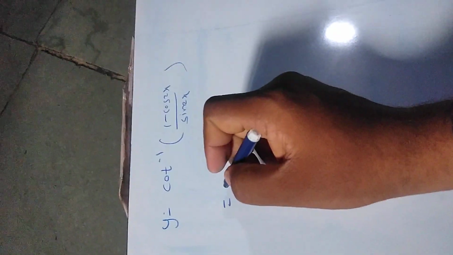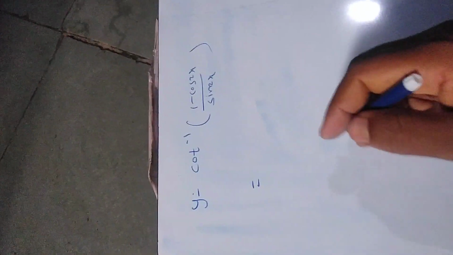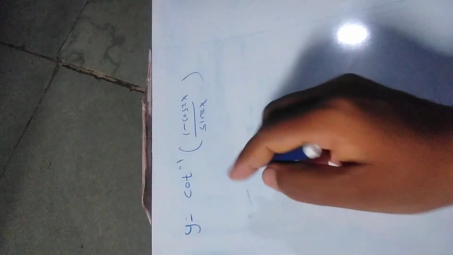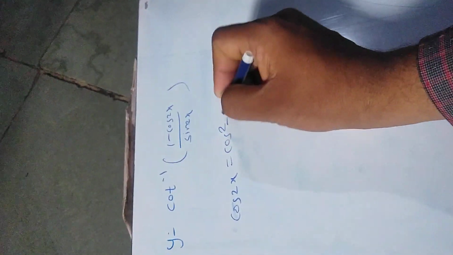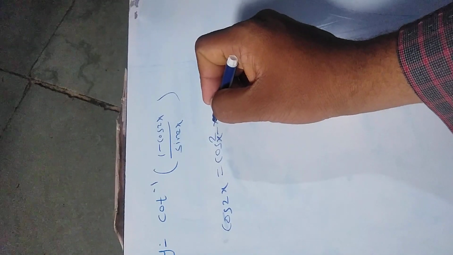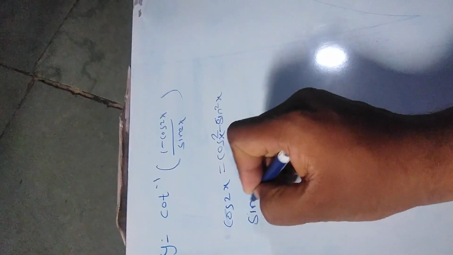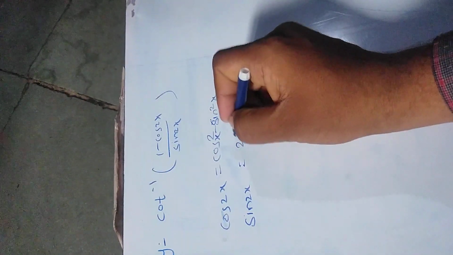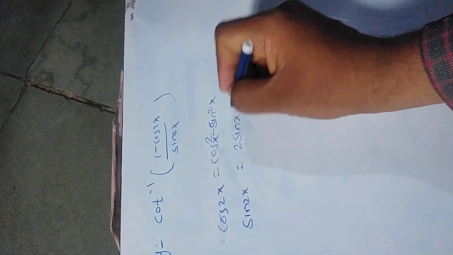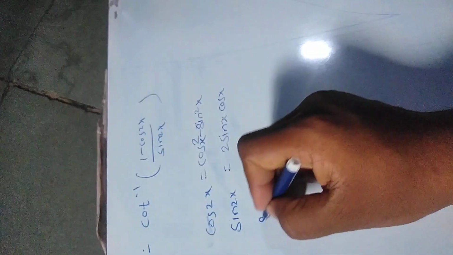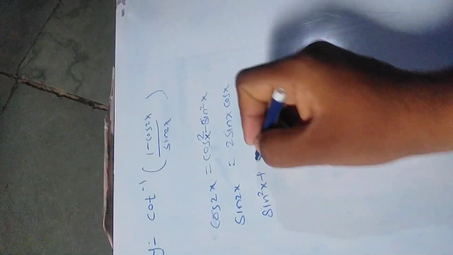So basically over here we very well know for cos 2x the formula is cos square x minus sin square x. Again for sin 2x it is given as 2 sin x into cos x, and sin square x plus cos square x is equal to 1.